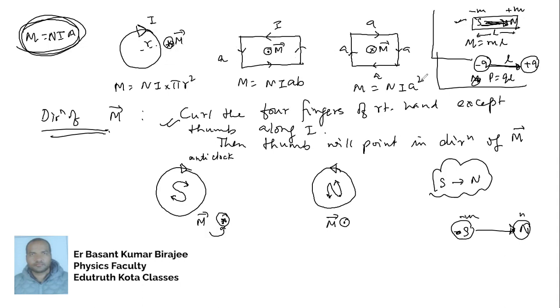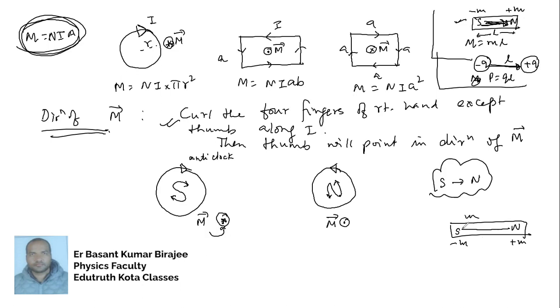Yes, inward. So in a bar magnet, you have the direction of the magnetic moment from south pole to north pole. This one is minus m, the pole strength, and this is m.